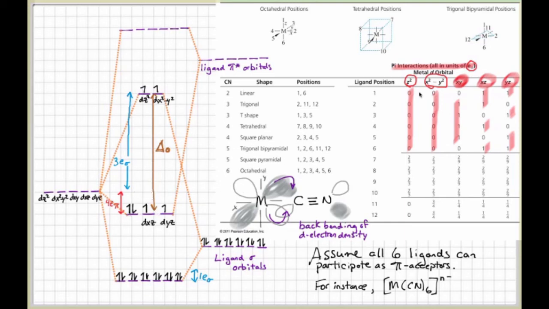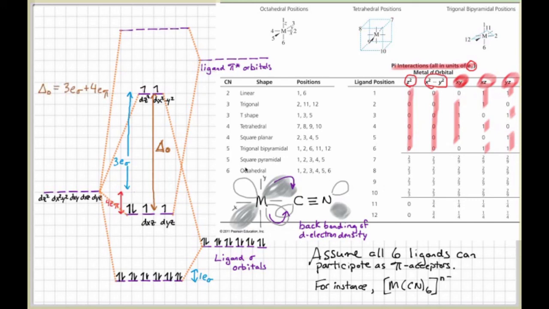So whichever d orbitals you find have overlap with the ligands in the positions, based on whatever particular geometry you happen to be studying, those d orbitals will be raised up in energy by the unit of E pi, determined by the positions on the table.